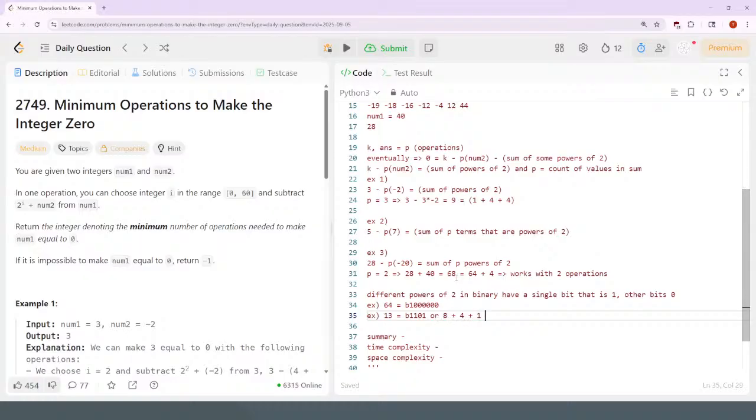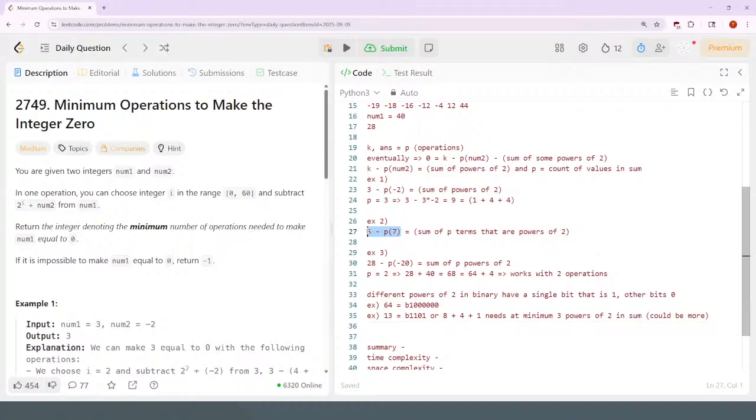But this basically needs at minimum 3 powers of 2 in sum. But could be more.